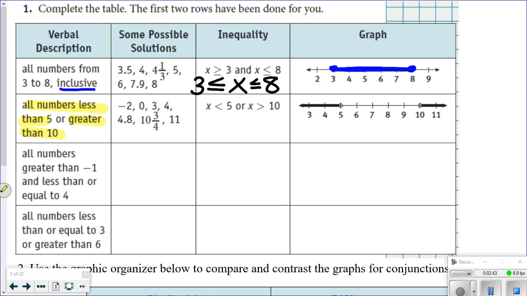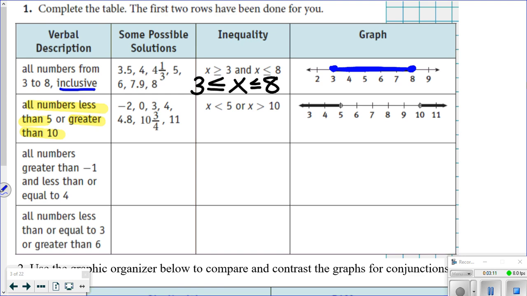So the way to write this inequality, x is less than 5, that's all numbers less than 5, or x is greater than 10, all numbers greater than 10. That's the only way to write this inequality. I cannot put it together like I did for you in the first row, so leave them separate. X is less than 5 or x is greater than 10.